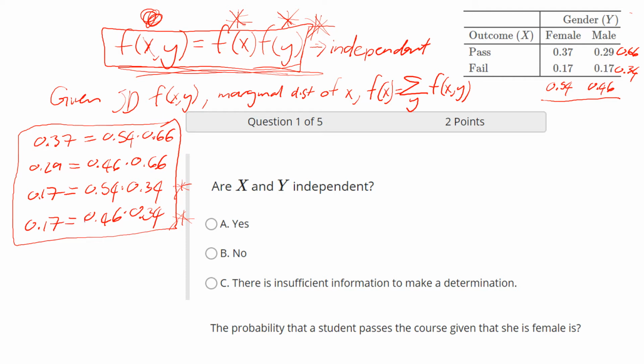So therefore, we immediately know that these are not independent, because this statement, f of xy equals the product of f of x and f of y, does not hold in all instances. And the answer here is therefore no. X and y are not independent.